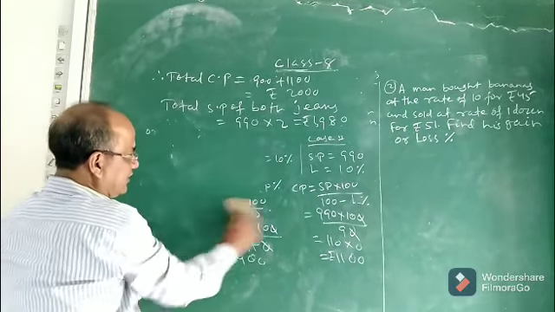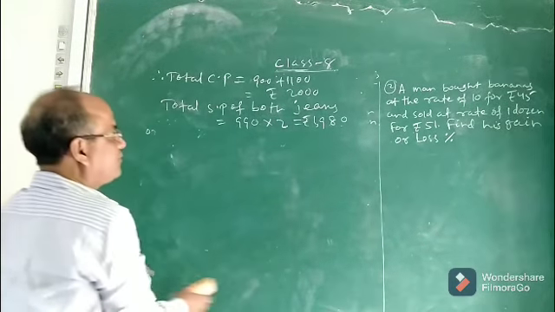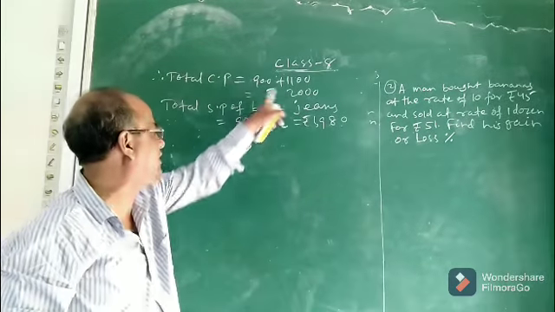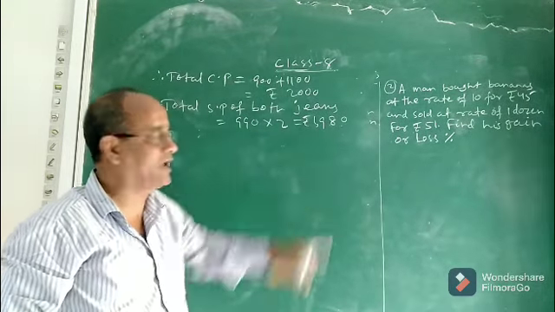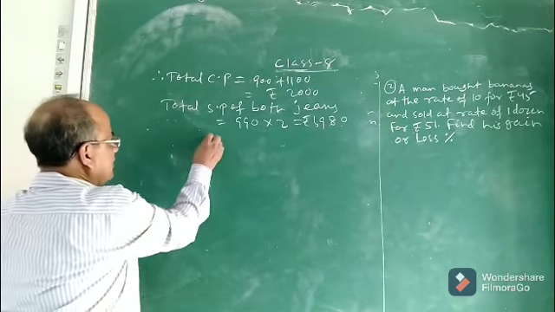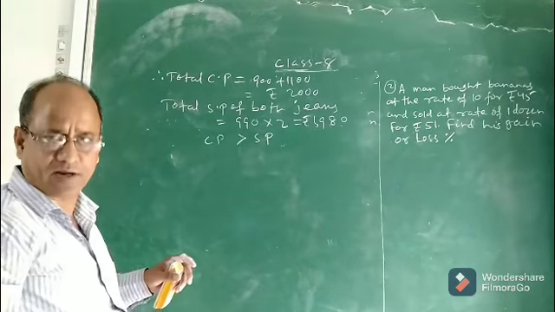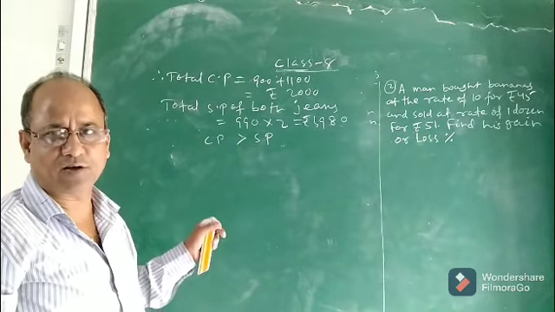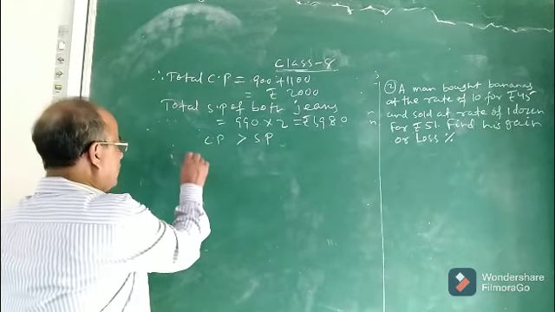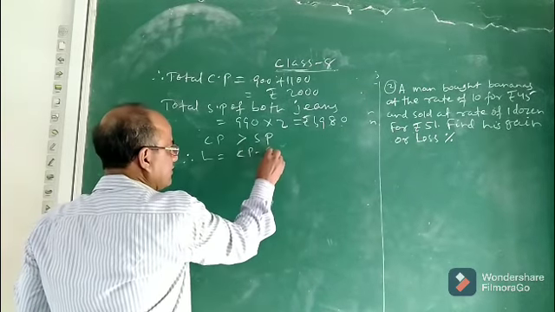Now we got the total cost price of both the jeans and the total selling price. Look, CP is 2000 and SP is 1980. So which one is greater? CP is greater than SP, so there is a loss. Therefore, loss equals CP minus SP.